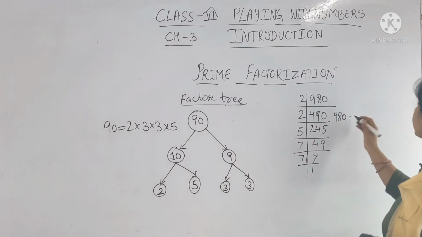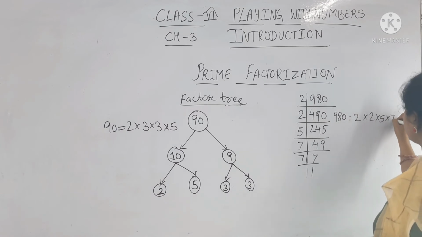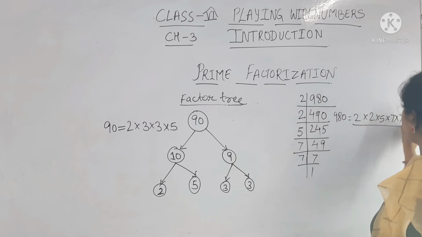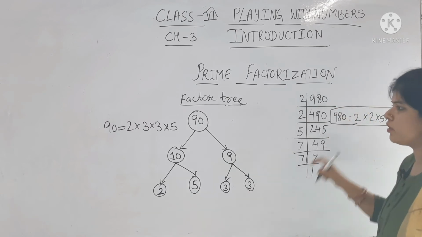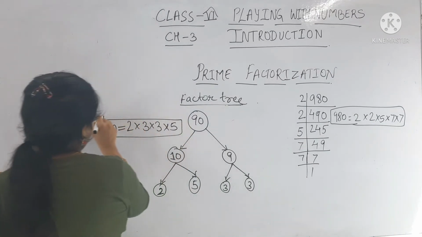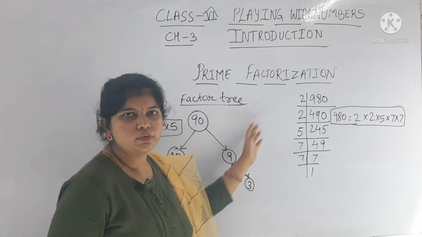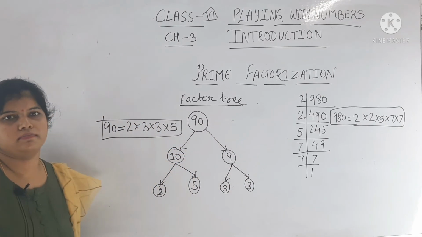The prime factorization of 980 is 2 into 2 into 5 into 7 into 7, and this is the prime factorization of 90. So these are the two methods you can use for prime factorization.